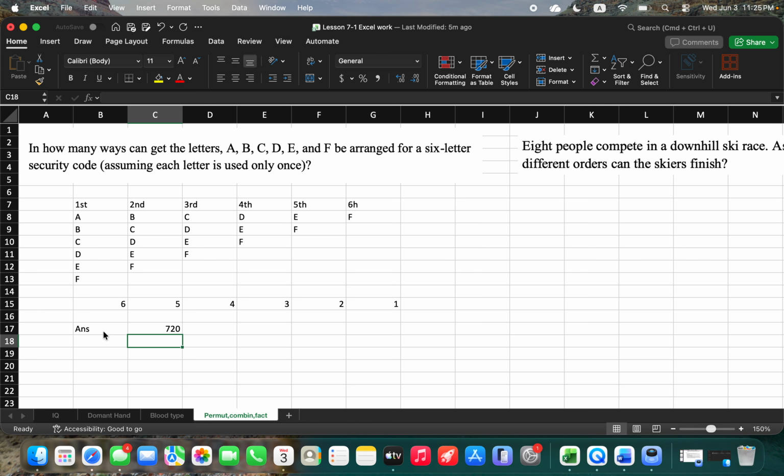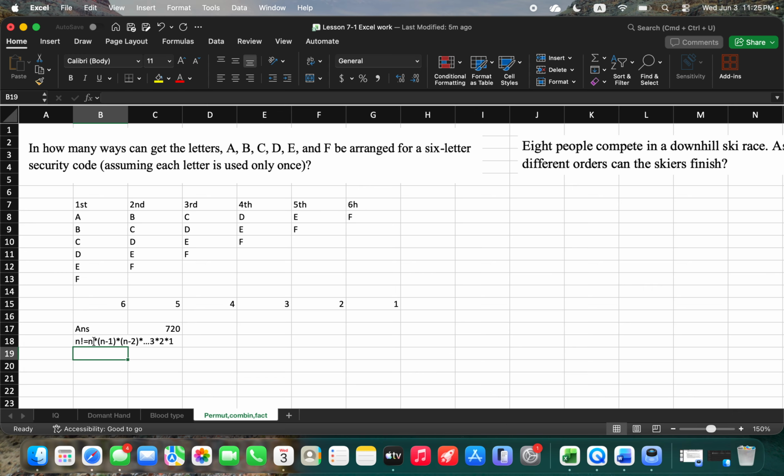But in Excel we can use an Excel command to find this answer, which we just call factorial. So n factorial means n times n minus 1 times n minus 2 times, and then until 3 times 2 times 1 like that.